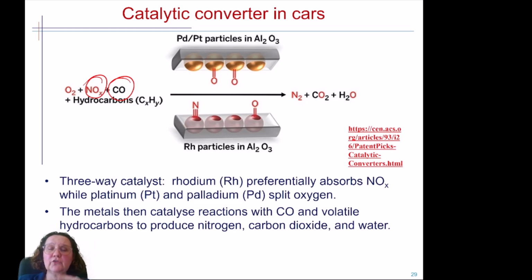So then you have the mixture of incomplete combustion of your petrol, oxygen from the air, nitrogen oxides made in the combustion process, carbon monoxide made in the combustion process, and fragments of hydrocarbons that haven't reacted fully, and they haven't broken down fully, and the catalyst is there to trap all those molecules and help them get in touch with each other, and to produce nitrogen, CO2 and water.